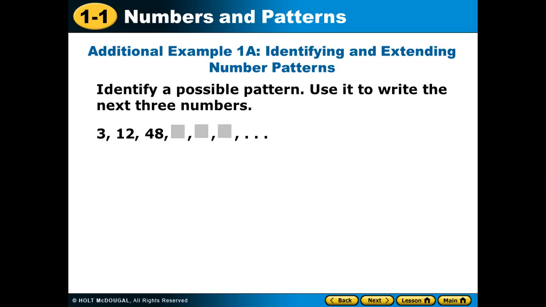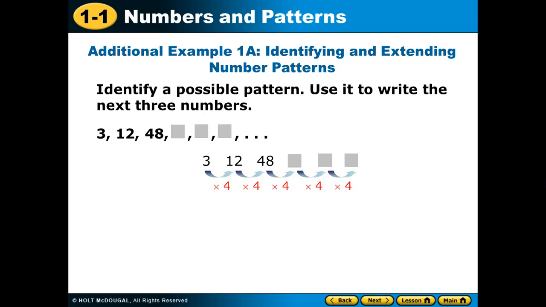We have to think about whether we're getting bigger, getting smaller, adding, multiplying. What do all these numbers have in common? My suggestion is to first write out the numbers and figure out how they are related, and then move on from there. If I look at the first two numbers, 3 times 4 is 12.